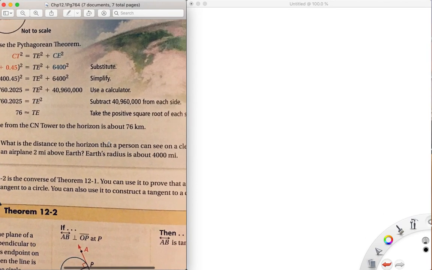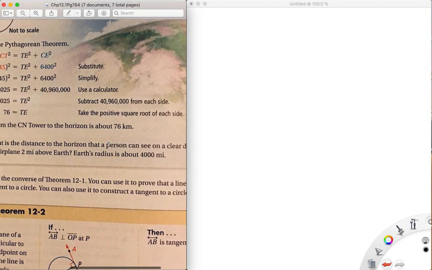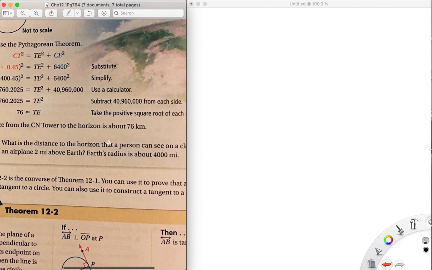This one says, what is the distance to the horizon that a person can see on a clear day from an airplane 2 miles above the Earth? And the Earth radius is about 4,000 miles.